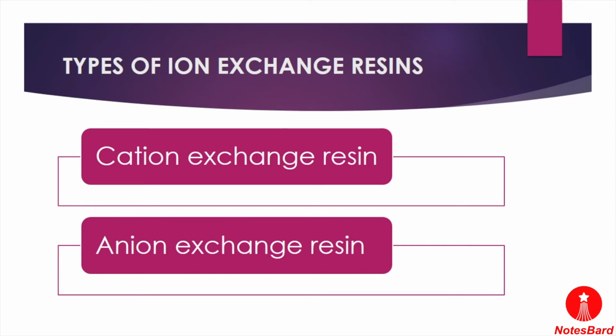The cation exchangers possess negatively charged groups, and they are also called acidic ion exchange materials. The other type is anion exchangers, which have positively charged groups, and they are also called basic ion exchange materials. So these are the different types of resins used in this method.